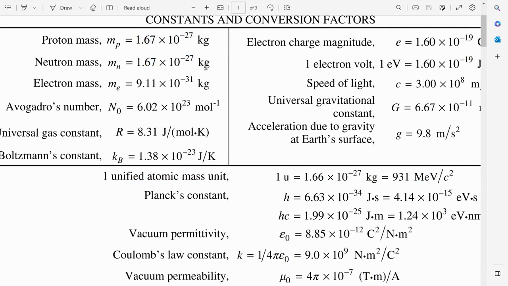What it truly is, they took carbon 12 and then divided that number by 12. That's how they got one U. But for now, all you need to know is that's a unit of mass. All three of these are units of mass, and we'll talk through those shortly. And there's your conversion factor between all three of them.